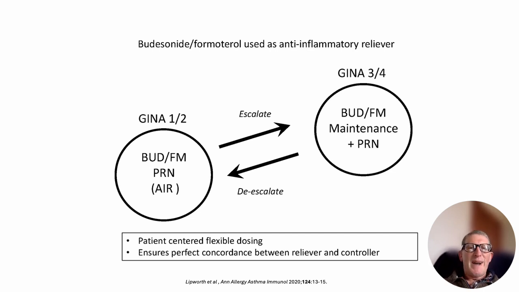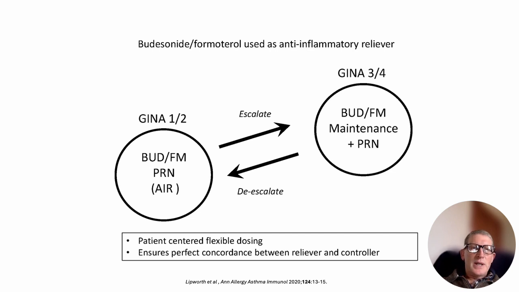So the simple mantra that I tell my patients is quite simple. It's this: use more when you need it and less when you don't. That's as complicated as it needs to be when using budesonide formoterol as anti-inflammatory reliever therapy.